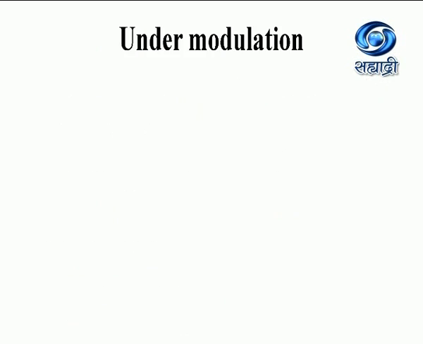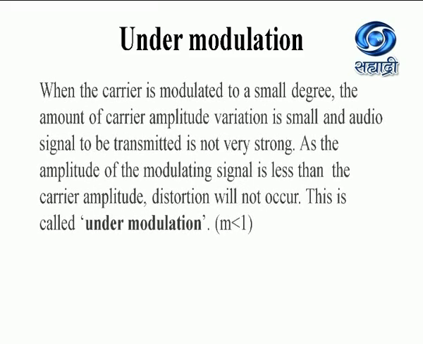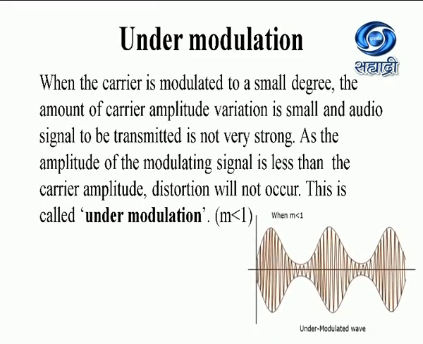Let's start with the first one, under modulation. What do you mean by under modulation? Here the modulation index is less than 1. When the carrier is modulated to a small degree, the amount of carrier amplitude variation is small and the audio signal to be transmitted is not very strong. As the amplitude of the modulating signal is less than the carrier amplitude, distortion will not occur, and this condition is called under modulation.